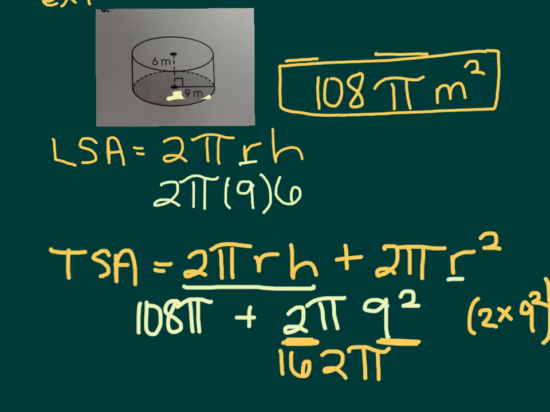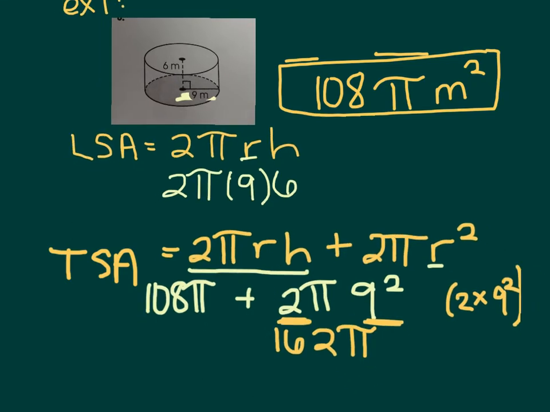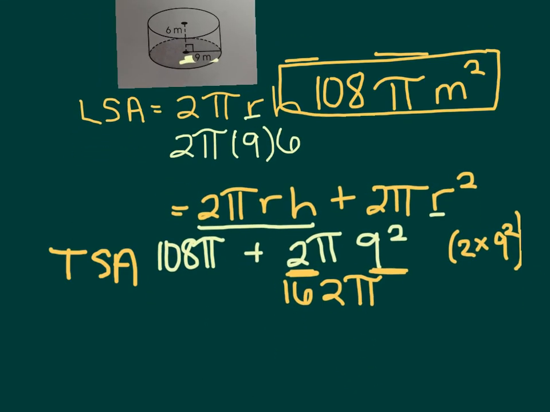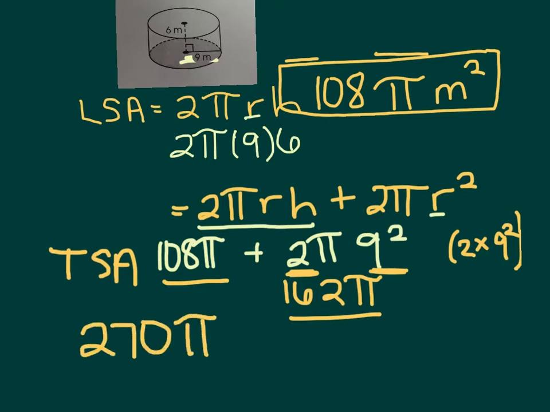Now to write your final answer, we're going to go ahead and combine like terms. This has got a pi, this has got a pi. So we got to add 108 plus 162. So this final answer would be 270 pi meters squared.